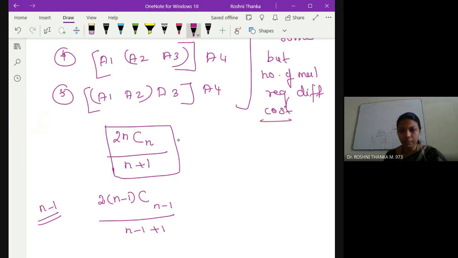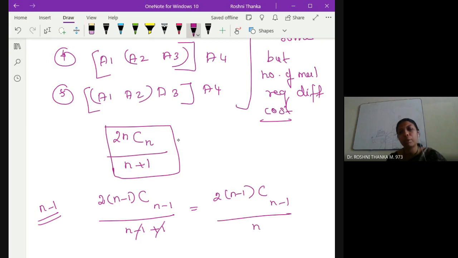When I change it, this plus 1 and this minus 1 will be removed. So this is equal to 2n minus 1 C n minus 1 divided by n.